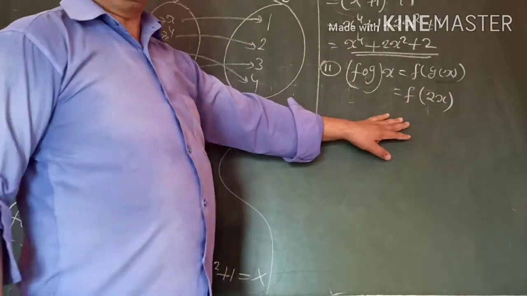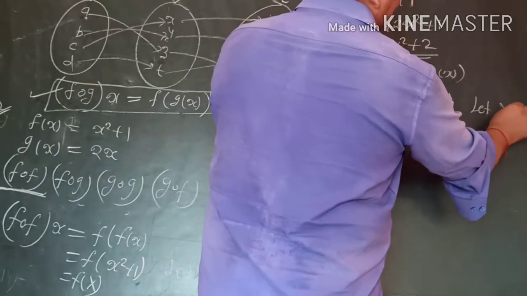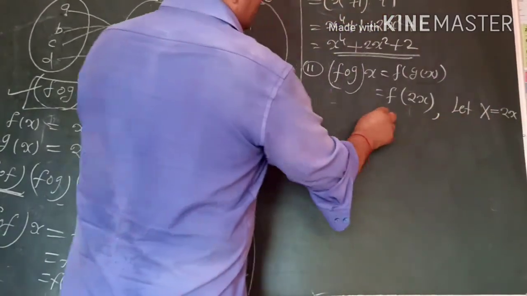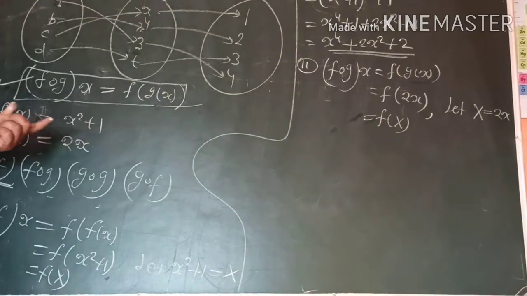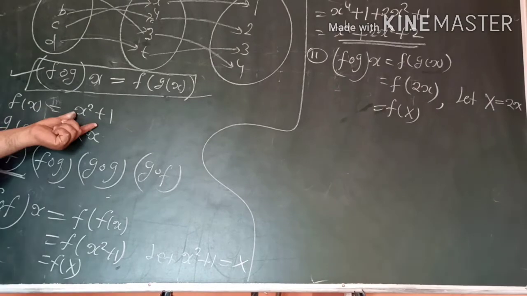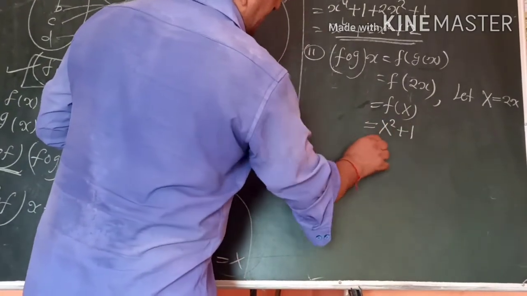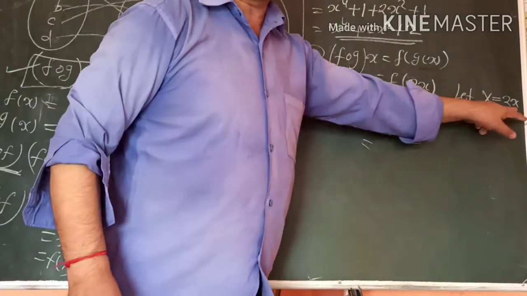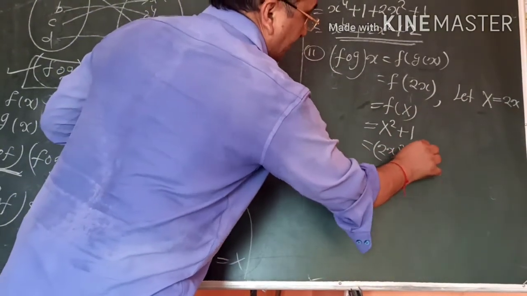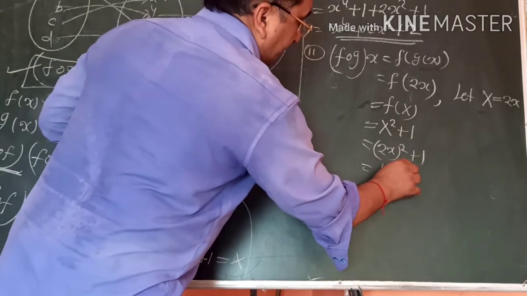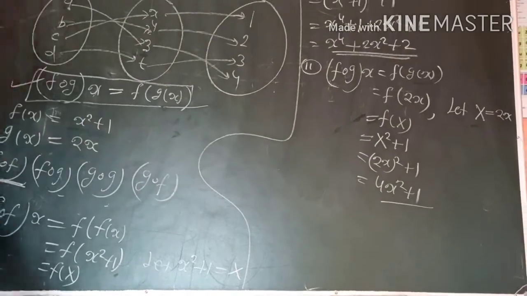Again, we can assume that capital X is equal to 2x. So f of capital X will come. Now check how f of x is defined: x square plus 1. So it will be capital X square plus 1. Now what is capital X? That is 2x. So (2x) square plus 1, which is 4x square plus 1. This is the second answer of this question.